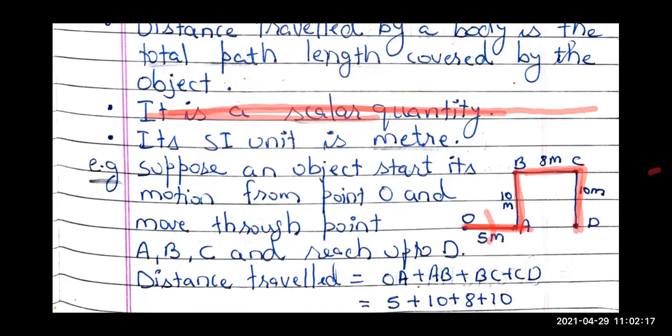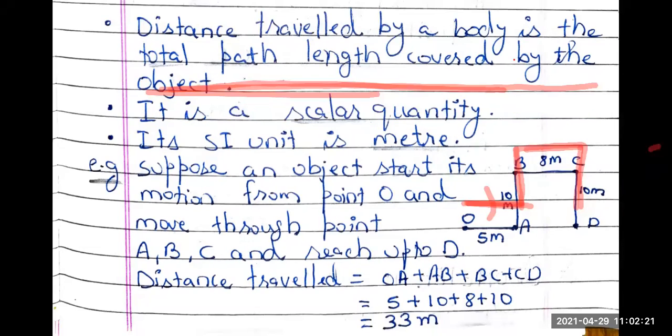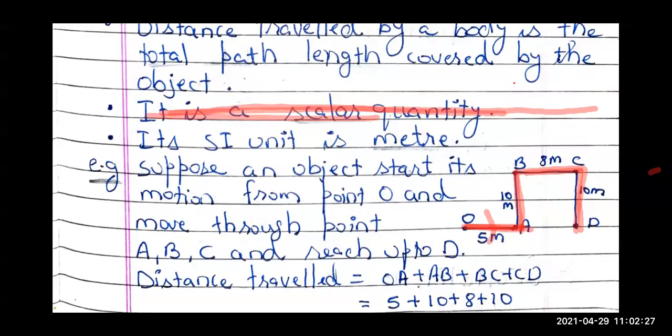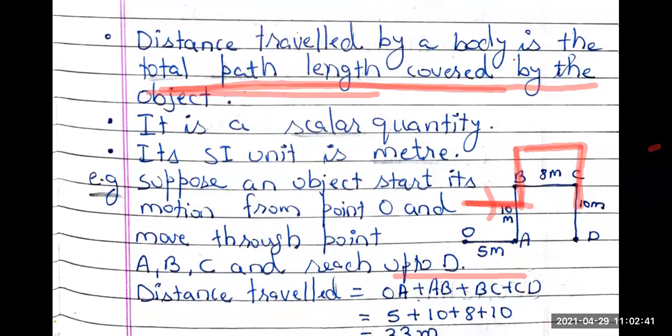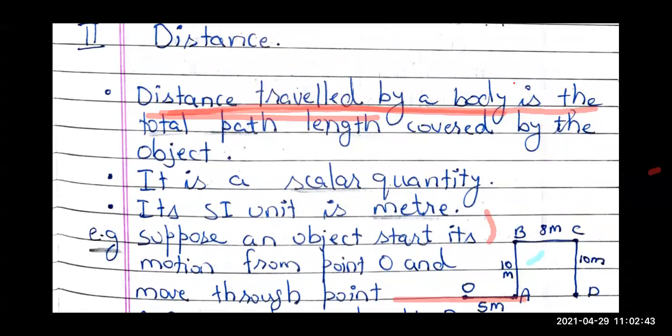Let's calculate the total path length. So children, the total path length will be 5 plus 10 plus 8 plus 10. So the total path length comes out to be 33 meters. That is the total distance traveled by the insect, right, beta? And to describe distance, you don't require direction.